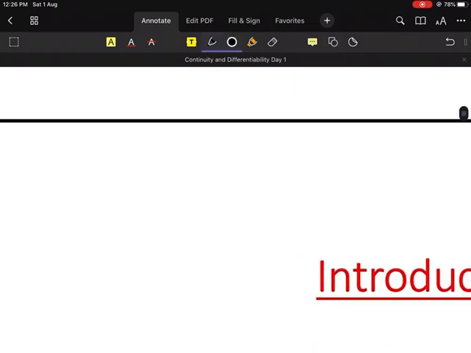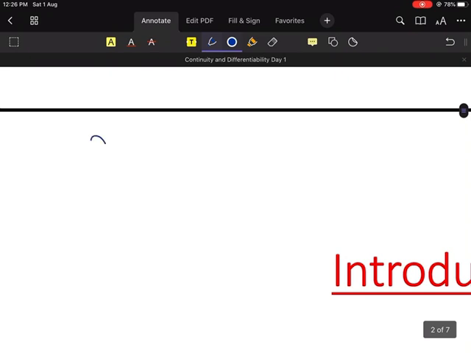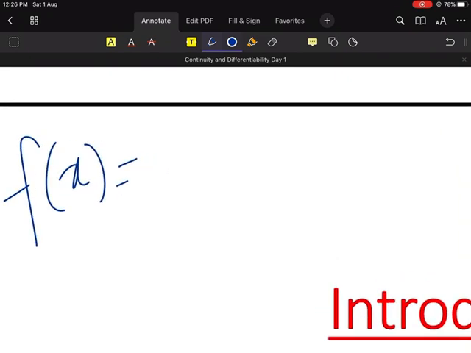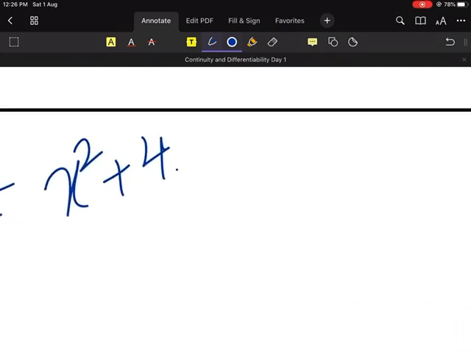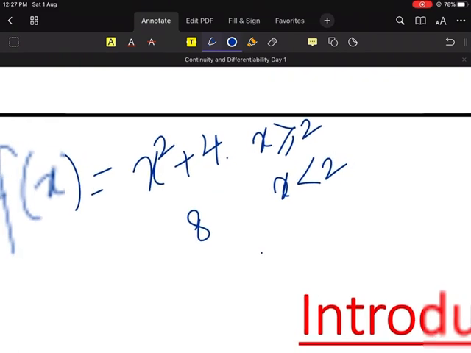Acha, fine. Let me see one thing. Let us give you one problem. Check whether the limit exists. Let f(x) be equal to x square plus 4 when x is greater than 2, and 8 when x is less than 2.